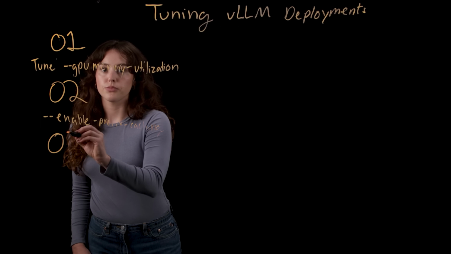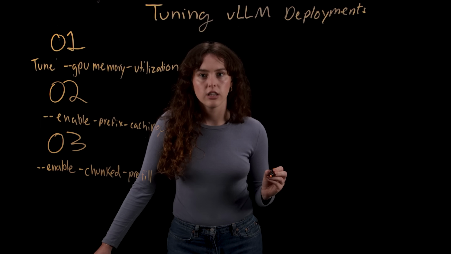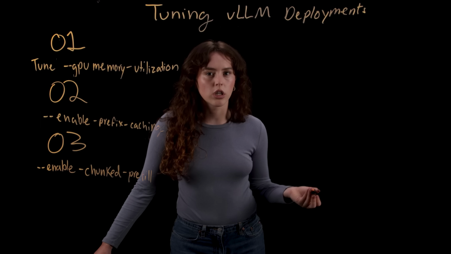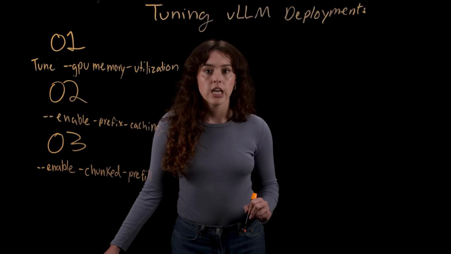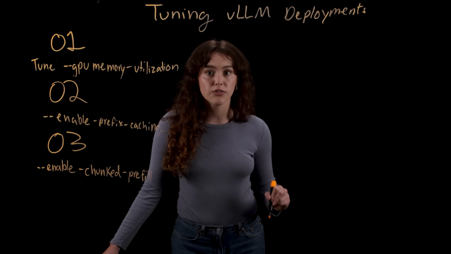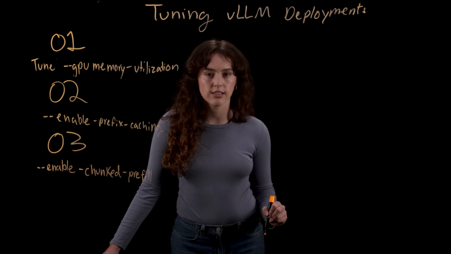Third, enable chunked prefill for throughput-heavy workloads. By default, vLLM runs prefill to completion before resuming decode, which causes streamed tokens to stutter when long prompts arrive. Chunked prefill batches in-flight decode requests first, then fills the remaining compute budget with prefill chunks.